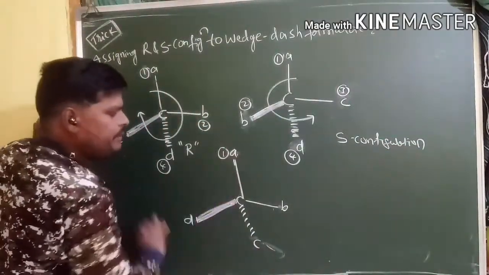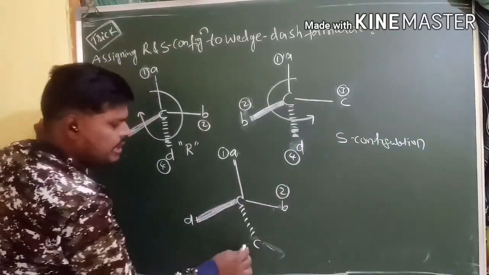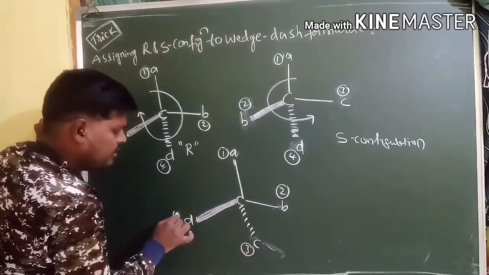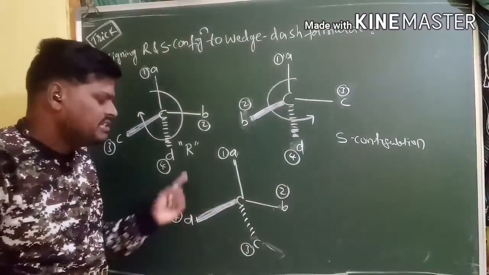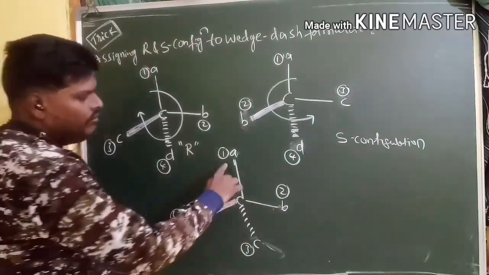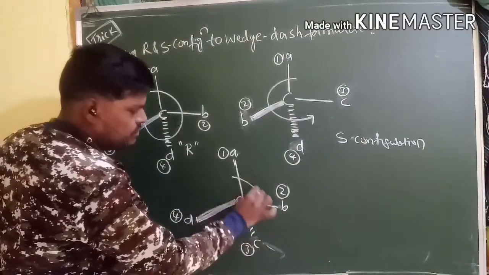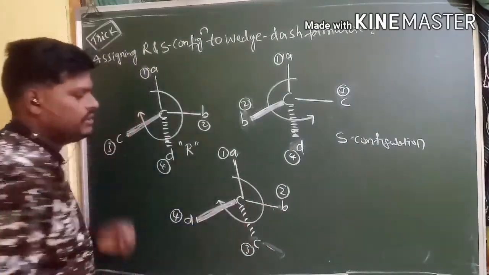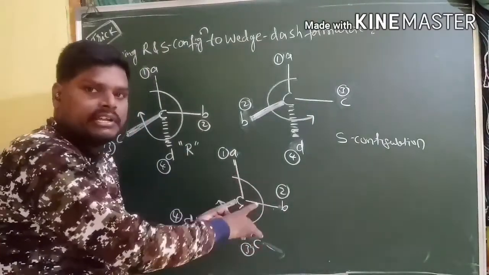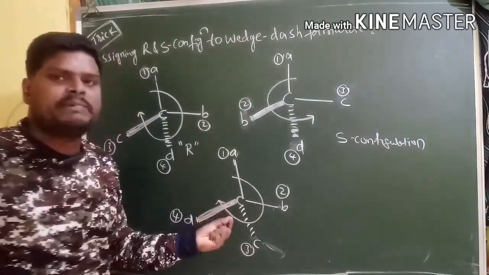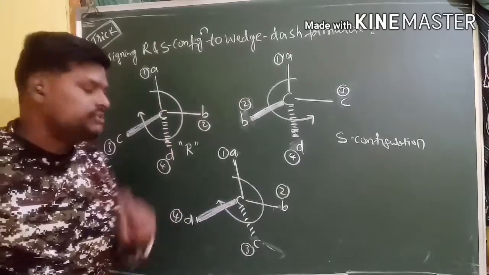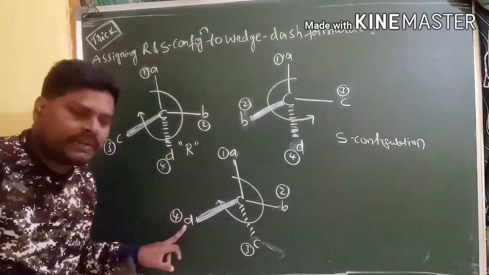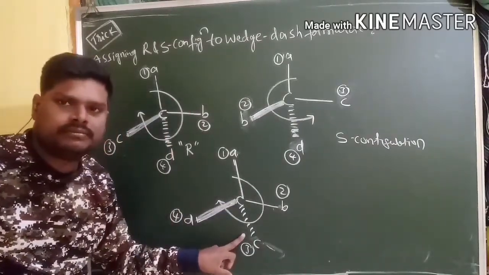Here are the first priority, second priority, third priority and fourth priority. So this is the least priority here. What is the direction of this molecule? 1, 2, 2 to 3. So this is the direction for this molecule. Is it clockwise or anti-clockwise? Clockwise direction. What is the expected configuration here? R configuration. But if you observe carefully, D is not present on the broken wedge.